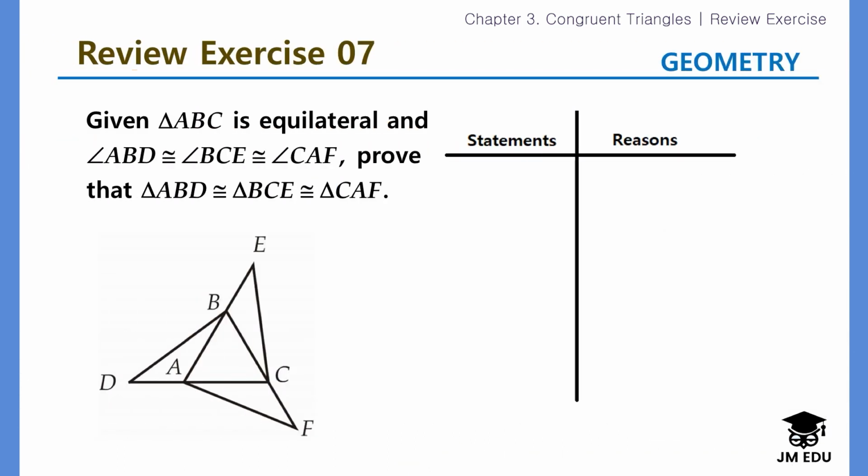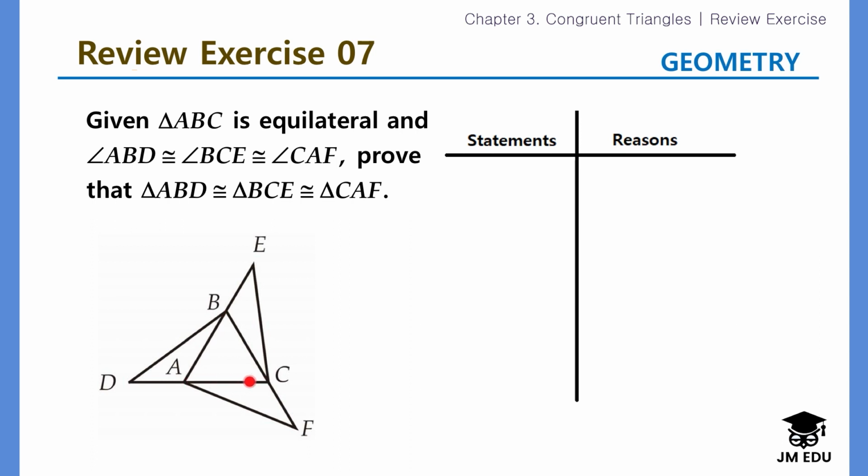Review exercise number 7. Given triangle ABC is equilateral and these three angles are congruent, right? Then we're going to prove these three triangles are congruent: triangle ADB, this small triangle right here, and triangle BCE, and CAF.